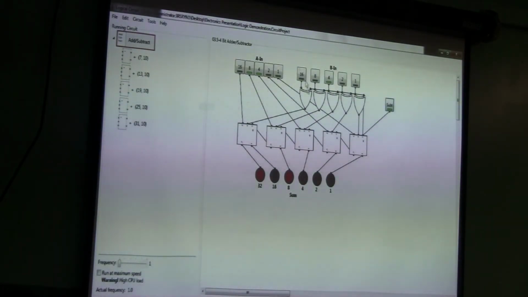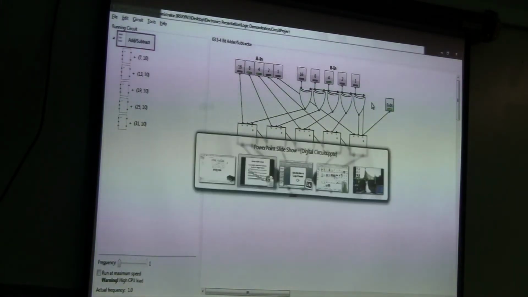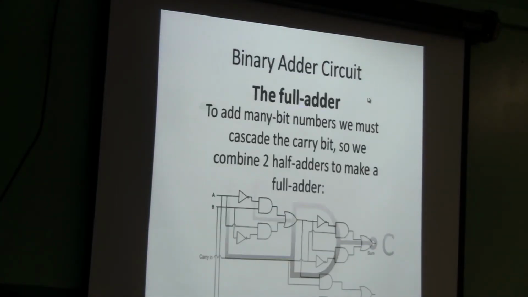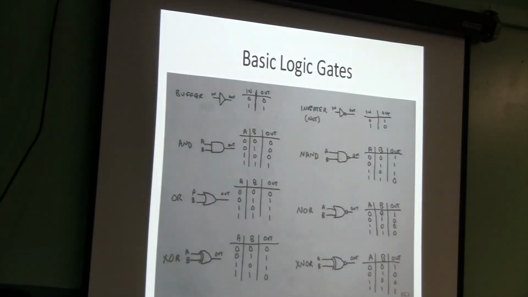So if the input is going to one input of the exclusive OR, and the subtract selector is going to the other input of the exclusive OR, we can see what happens with an exclusive OR.